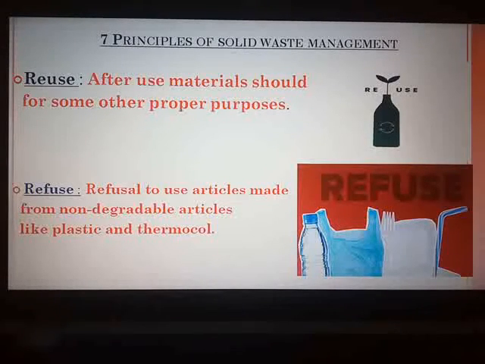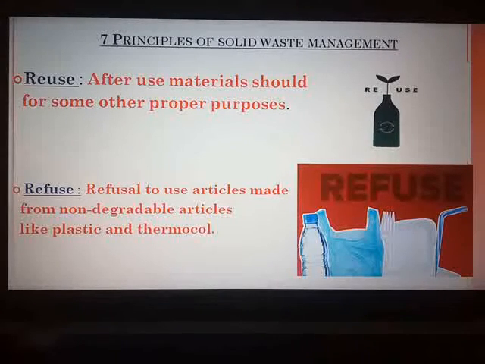So the books should be maintained in good condition. If the 2 kids are not there in the house, then there might be some neighbors or poor children who do not have the financial capacity to purchase books from outside. So textbooks which are in good condition can be provided to them. In this way, reuse is the first technique.